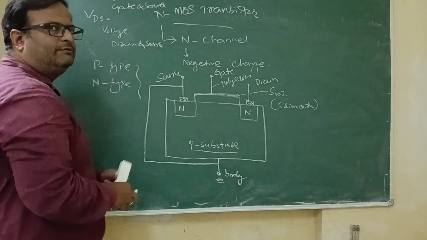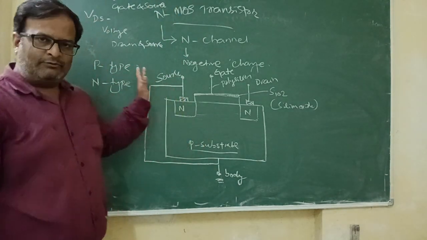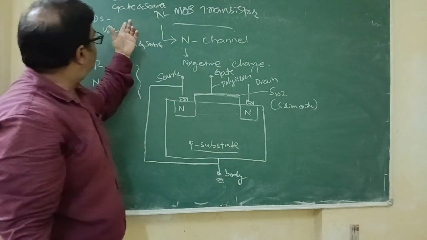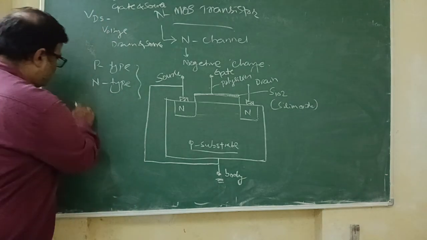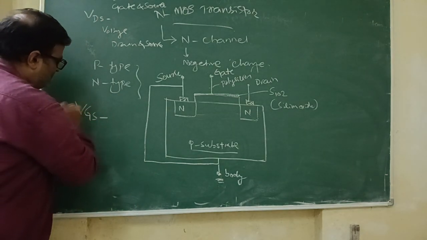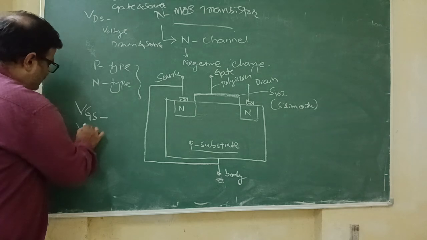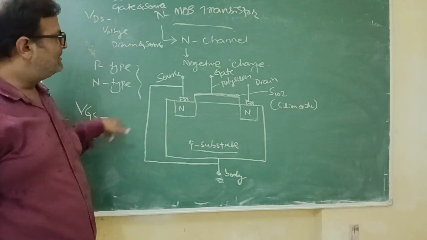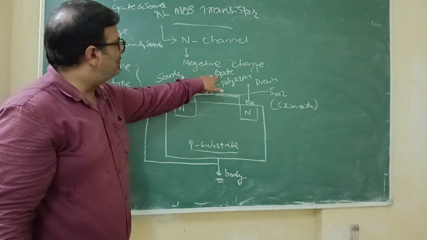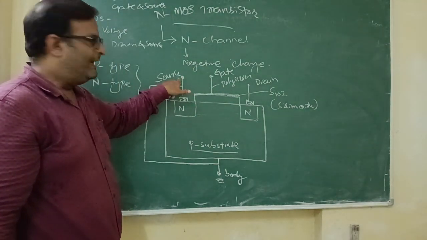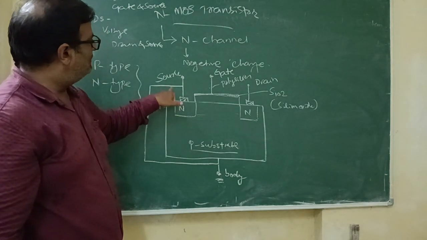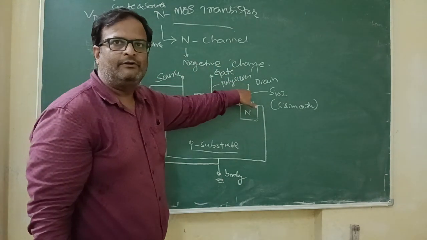So we need two types of voltage. One is gate source voltage. This is VGS voltage and VDS voltage. So gate source voltage means the voltage connection between the gate and source, and VDS voltage means the voltage source given between the source and drain.